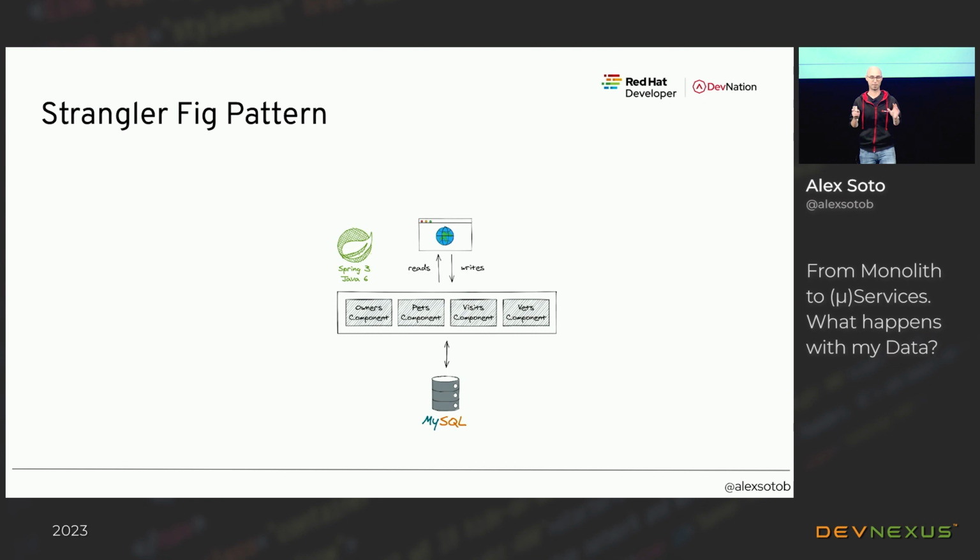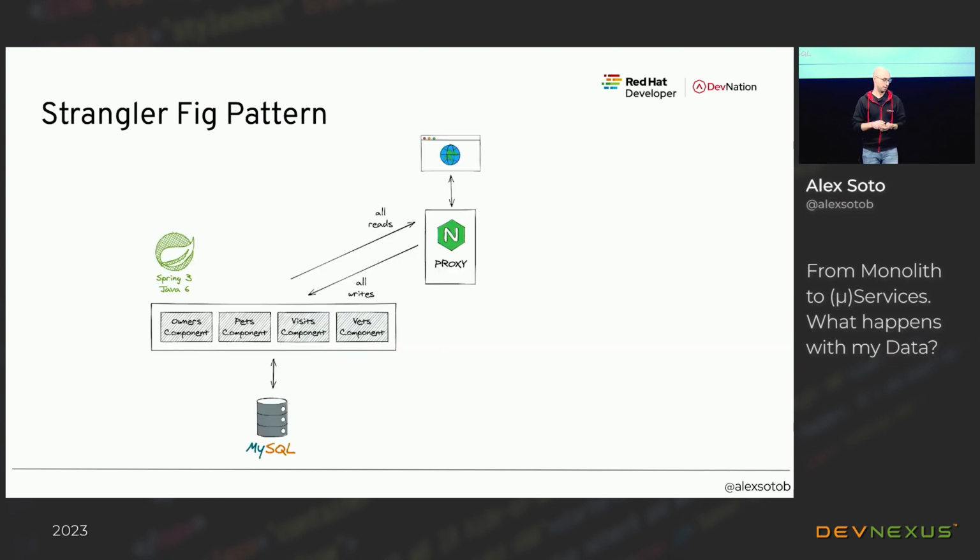We're fine. Everything's working. Next, what we need to add first of all is a proxy. In this case, it's Nginx, because when you are in Kubernetes, for example, you can use Nginx as an ingress proxy. You need a proxy to redirect traffic from one version to another version. It could be HAProxy, and in this case, it's Nginx.